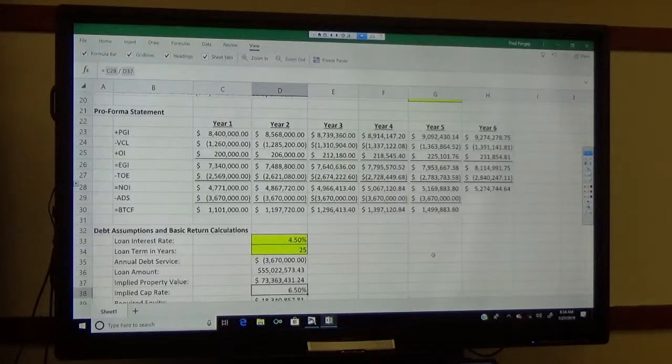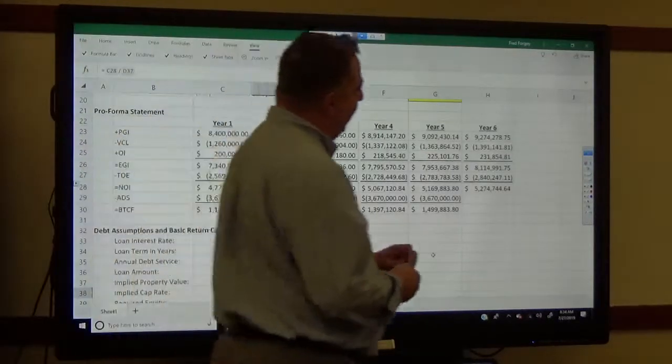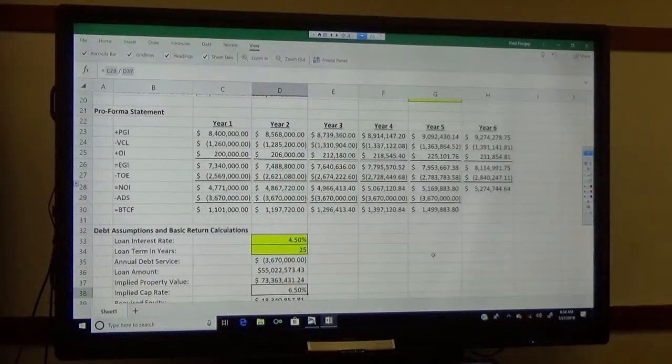Okay, cap rate, or in this case, the implied cap rate. All right? You remember, the cap rate is basically our good friend ERG. So you've got net operating income, we've got our cap rate, and we've got our value.